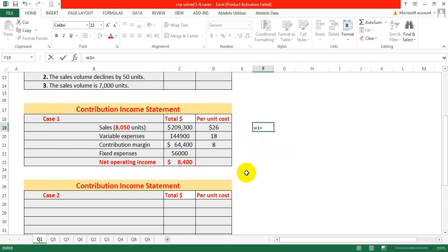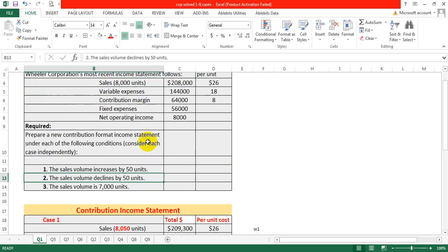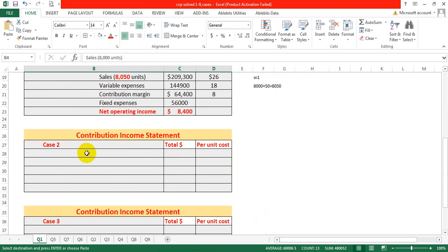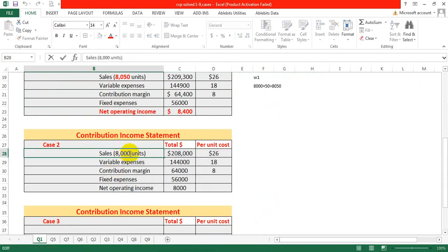Let's write the working here. 8,000 previous one plus 50 equals 8,050 units in the first case. Okay, now in the second case the sales volume declined by 50 units. The recent one was 8,000 units, right? Now we will change it.